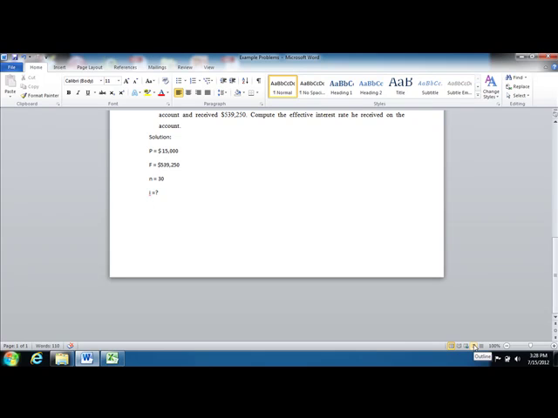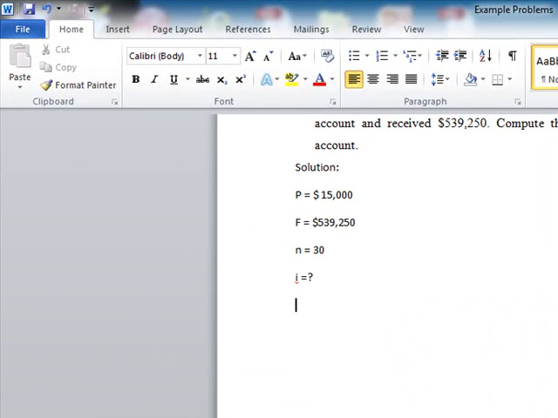Write down the formula for future value. F is future value, which is equal to present value multiplied by (1 plus I) raised to N, where I is the interest rate, which we need to find, and N is the number of years, right?